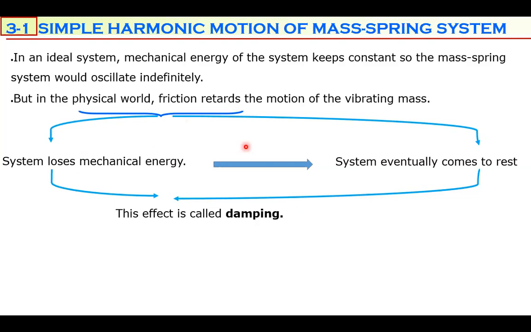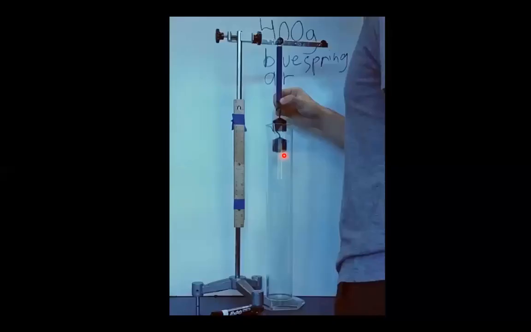So the decrease in the displacement of an oscillating mass spring system as time passes because of friction is called damping. And this is a good movie about damping. The first system is undamped, but if you put this object into liquid, because liquid exerts a greater friction or resistance, the system will quickly damp.